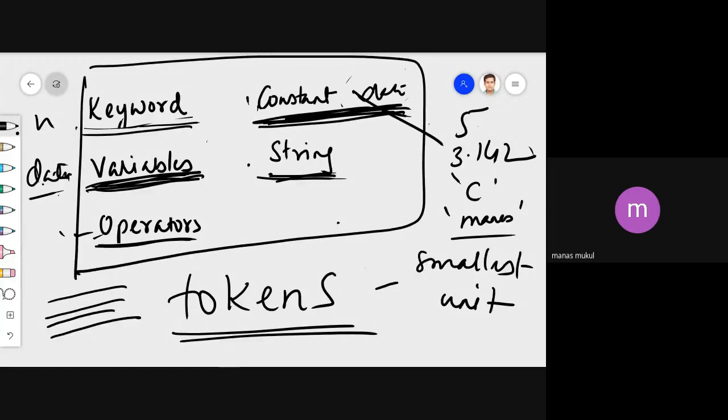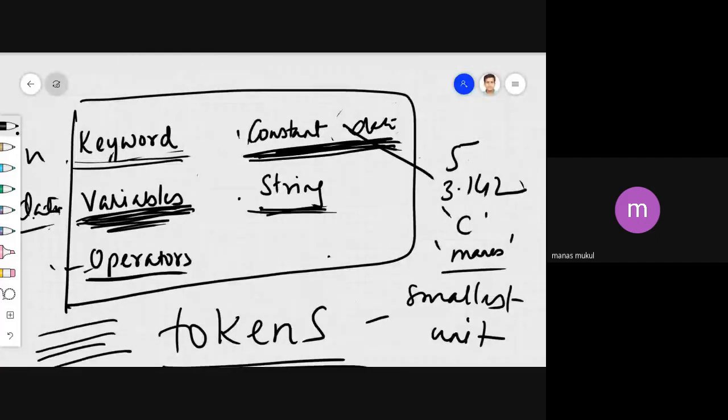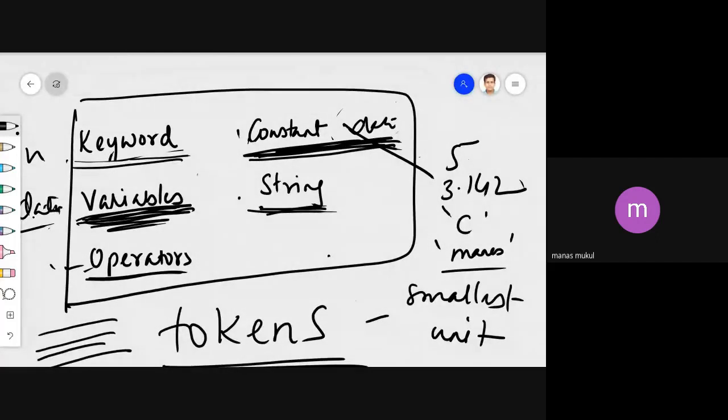Tomorrow's class, I will start with some of the rules for defining a variable, and also discuss what exactly data types are in connection to variables and constants. If anyone has a doubt, please let me know. Otherwise, we can end the class today here.